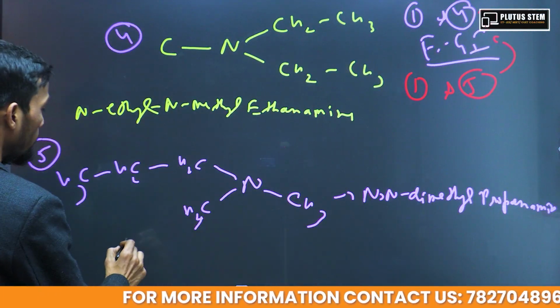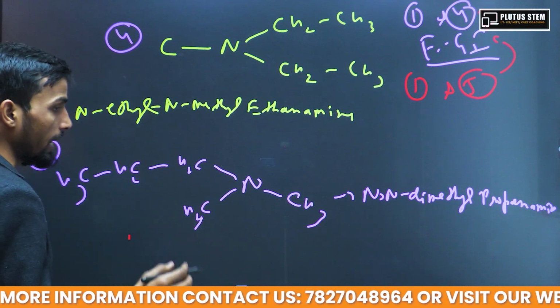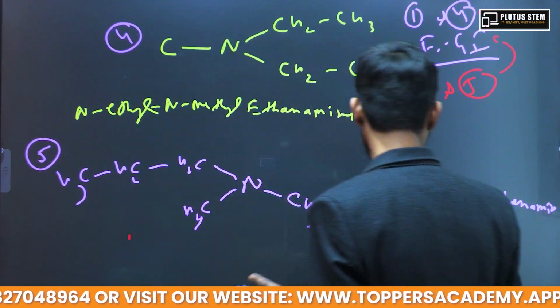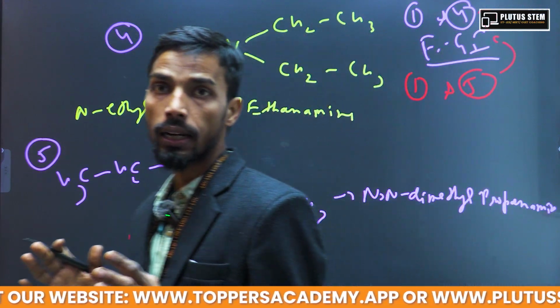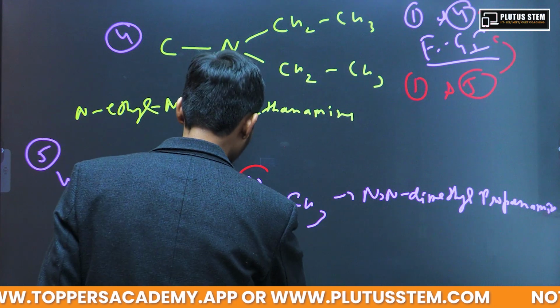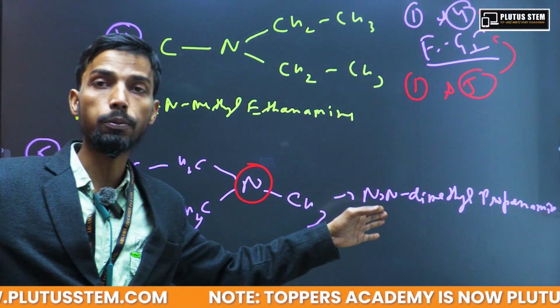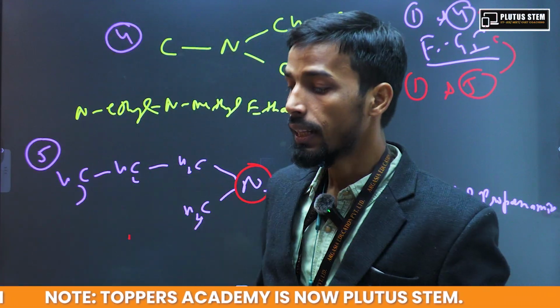So you need to know these primary amines, secondary amines and tertiary amines, and these are functional group isomers. But one thing which I need to clarify is that it depends on the nitrogen. This nitrogen should be monosubstituted, disubstituted and trisubstituted. That is the thing.